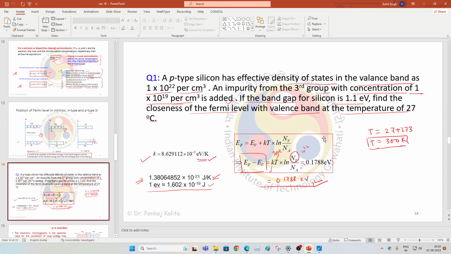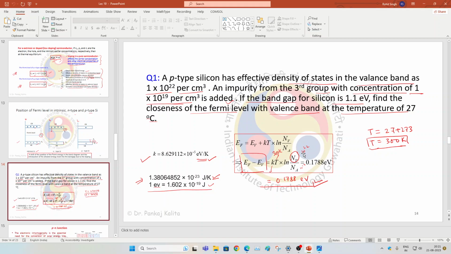Now in this formula you need the value of K, which is given as 8.62 into 10 to the power minus 5 electron volt per Kelvin. This is the Boltzmann constant, but the units are electron volt per Kelvin. If you want to write it in joule per Kelvin, the Boltzmann constant is 1.38 into 10 to the power minus 23, because 1 electron volt equals 1.6 into 10 to the power minus 19 joule.